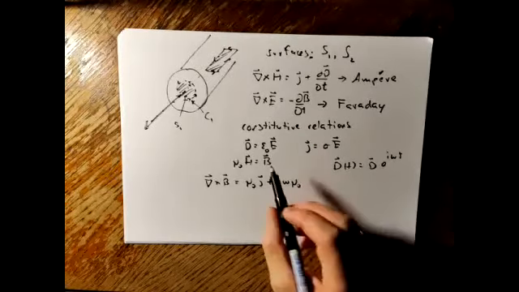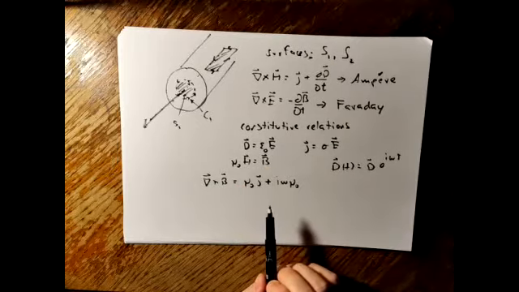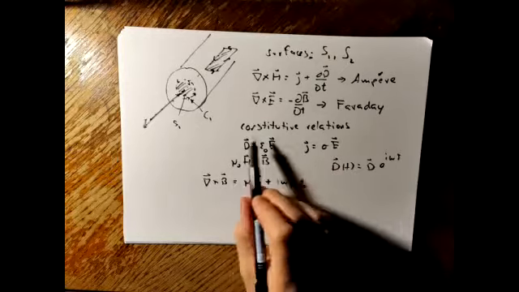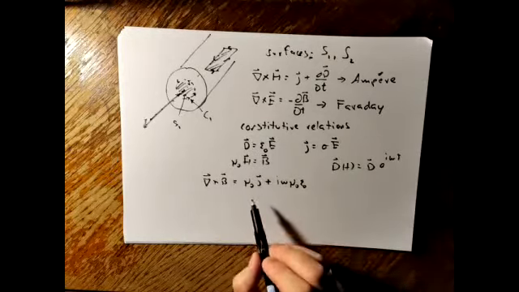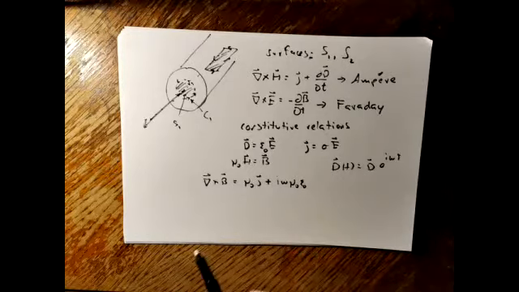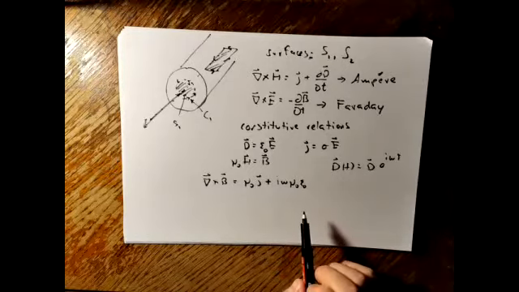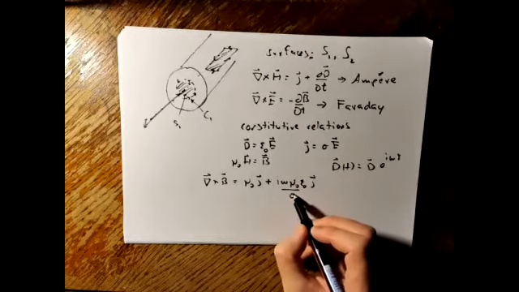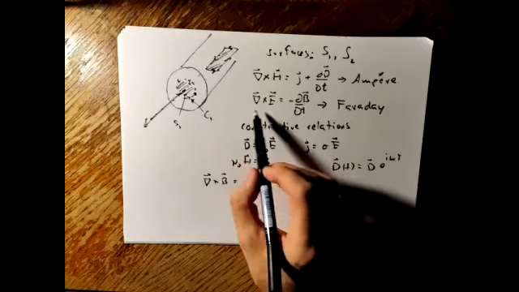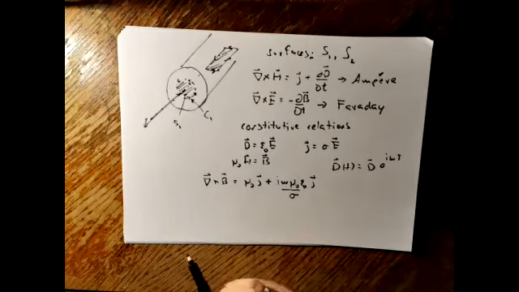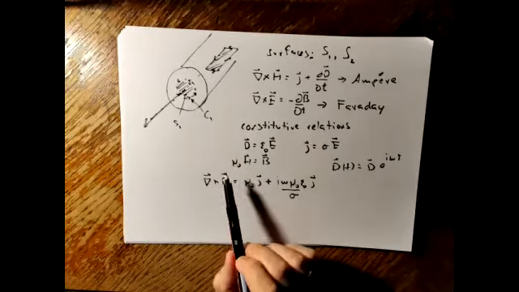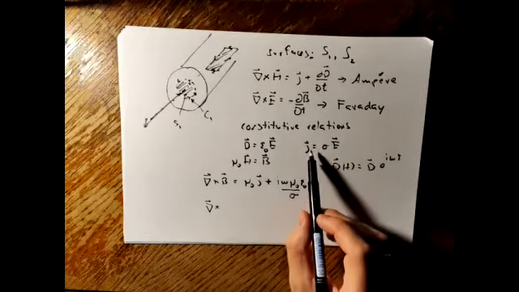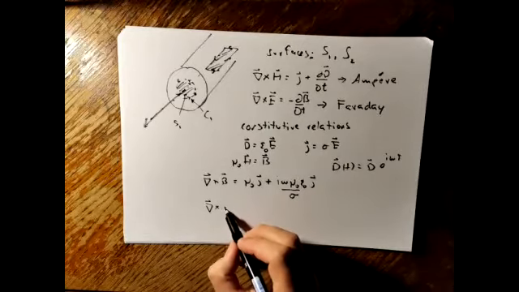But instead of E, since here I have a J, I want to narrow it down to as few vector variables as possible, so I'm going to say J divided by sigma. That's one equation I have. And my other equation is that the curl, and I'm going to say J.